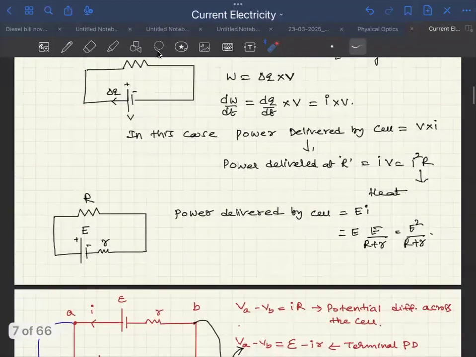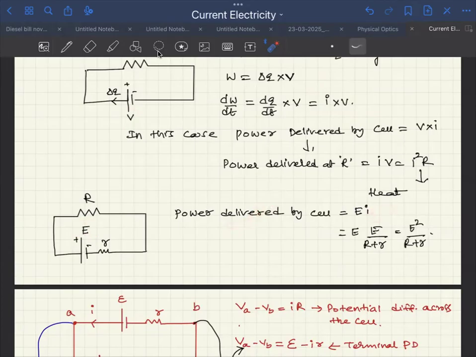Whatever it is, the rate of doing work, instead of IV, I will write as EI, where E is the EMF of the cell. Previously, for avoiding confusion, I have written V. Now I am writing E for the EMF of the cell. So the power delivered by the cell is EI.